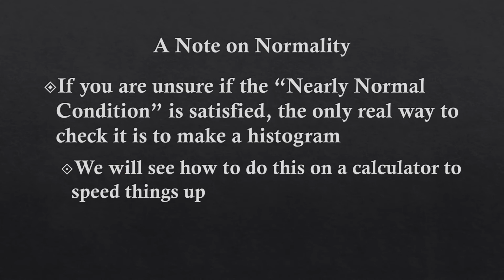A quick note on that normality condition: we have the random sample and the 10% condition. When it comes to that normality assumption, it might seem kind of daunting that you have to make some sort of graph in order to check that condition if your sample size is under 30. However, we're going to see that you can actually plug the numbers into your calculator and verify that you do have a normal curve.